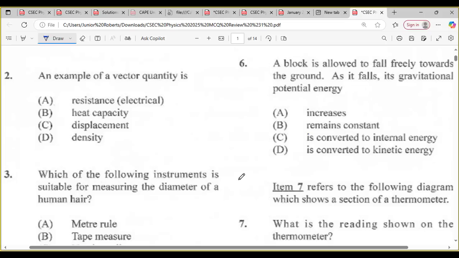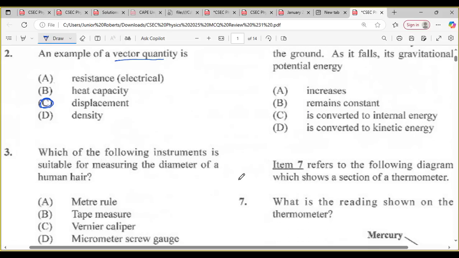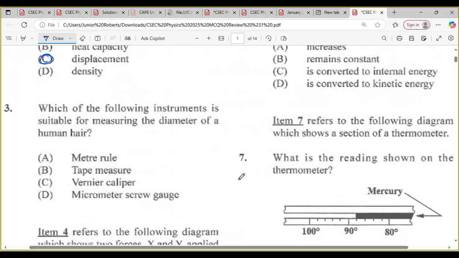Now we should be able to recognize displacement right here as both magnitude and direction, because when we define displacement, we define it as the distance traveled in a straight line taken in a particular direction. So we're going to see that our vector quantity in this case would just be displacement. So that's C for number 2. And again, as we're going through, you're allowed to ask questions.